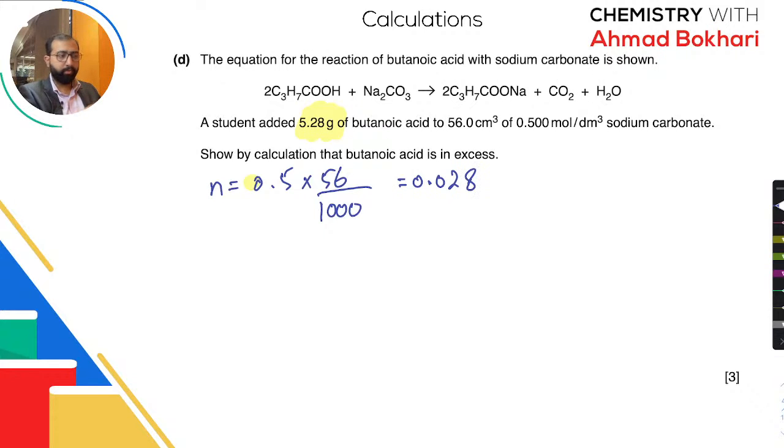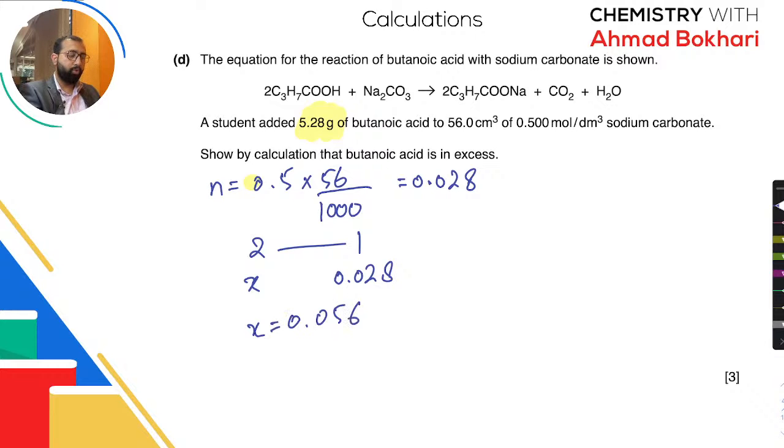That's what I have, sodium carbonate. Now the mole ratio is 2 to 1. So 0.028 will produce X. X will come out to be 0.056 moles, and this is butanoic acid. You can use ratios here. Yes, Ryan, I'll show you how to use ratios in this case.